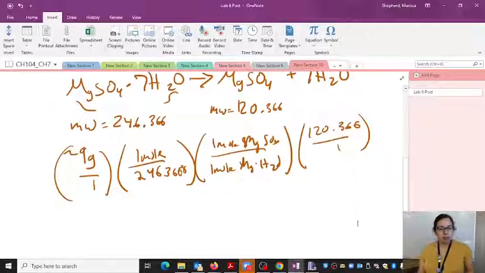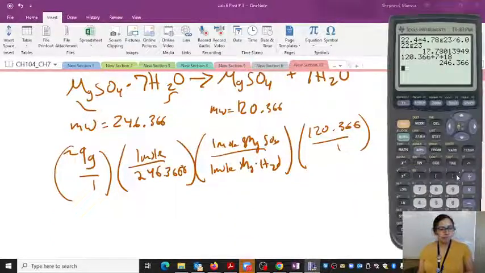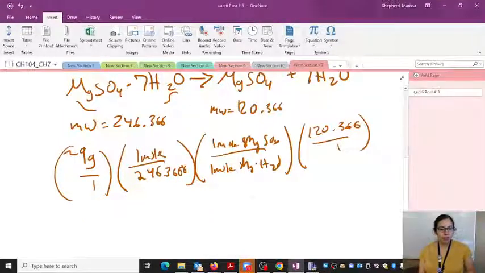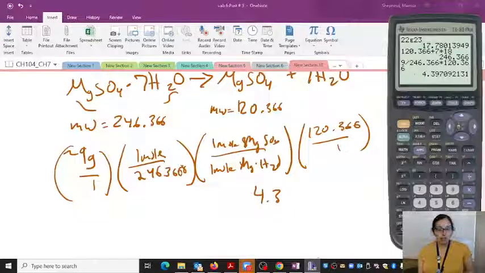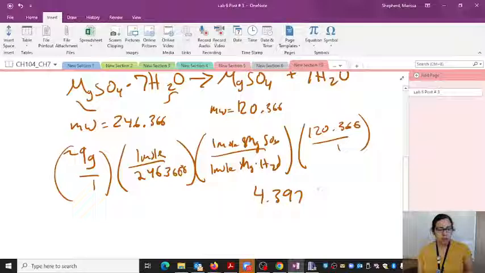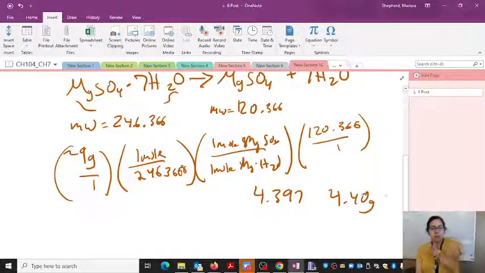So that's one way to do it: divided by 246.3668 or whatever, and then times 120. So we get a theoretical yield of 4.397, or you could round to 4.40 grams.